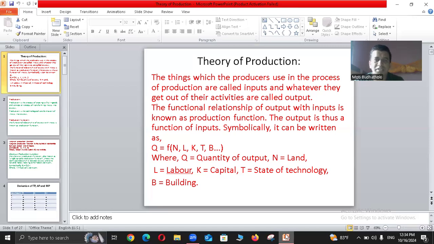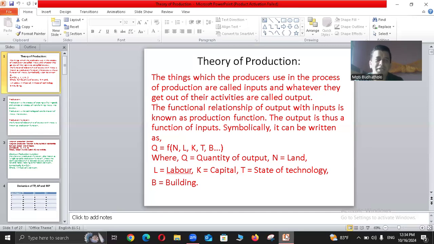The functional relationship of output with input is known as production function. The output is thus a function of inputs. Output is determined by the combination of functional relationship of inputs. Symbolically, it can be written as production is a function of land, labor, capital, state of technology, and building.